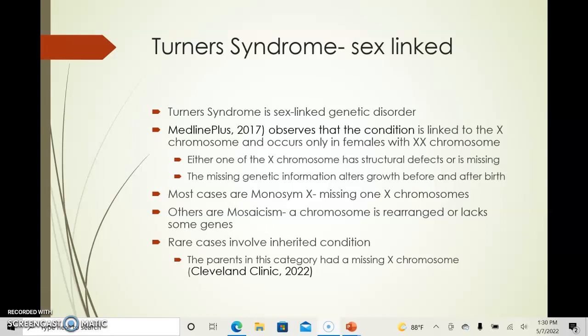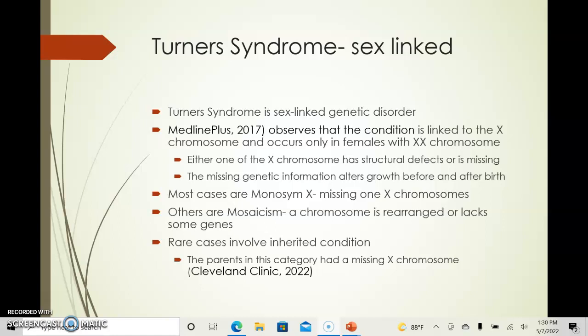Either one of the X chromosomes has structural defects or is missing, notably missing genetic information. This causes altered growth before and after birth and is responsible for most of the symptoms.